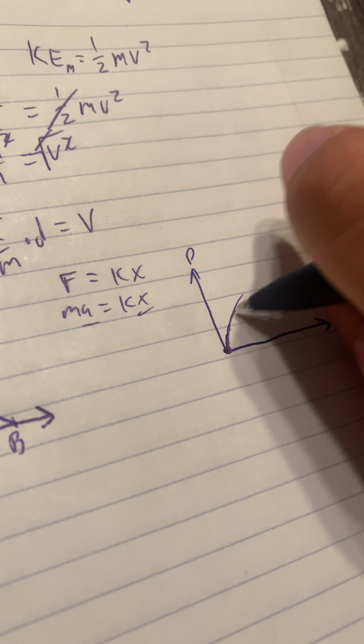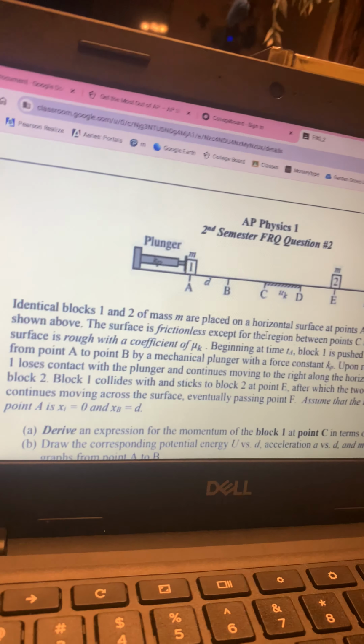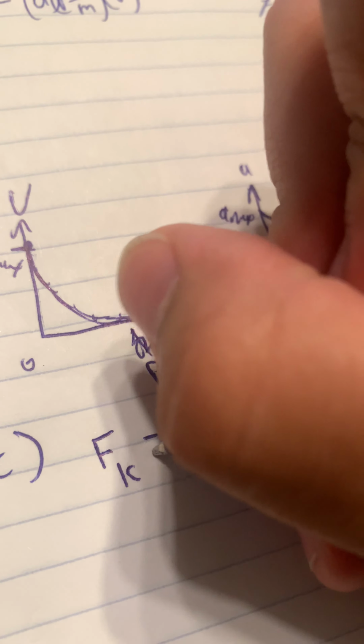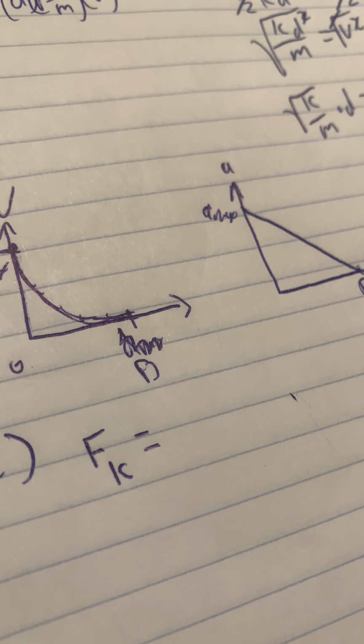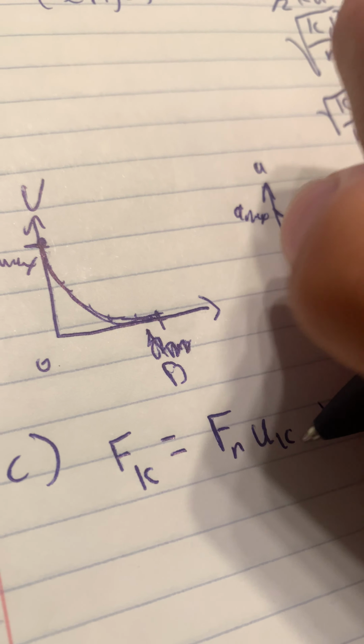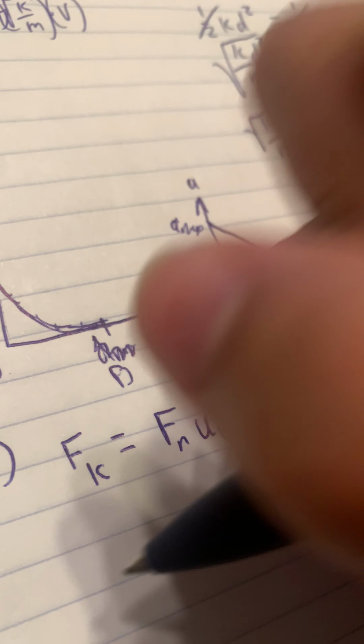Now for letter C, it says to derive an expression for the acceleration of block 1 as it travels through point C through D, which is our patch of friction. So for this one, we can set up that the force of kinetic friction is equal to Fn times mu k. Mu k is already a variable, so we can leave that.